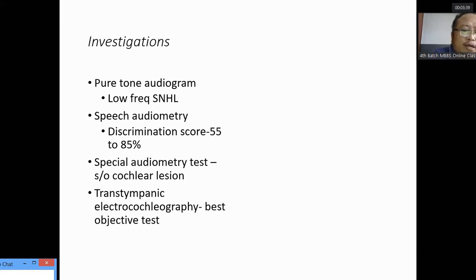In some areas, speech audiometry might help, as a special audiometry test to rule out whether the disease is due to cochlear or retrocochlear cause, and transtympanic electrocochleography might be a good test to be done, but it can only be done where a vertigo lab is there.